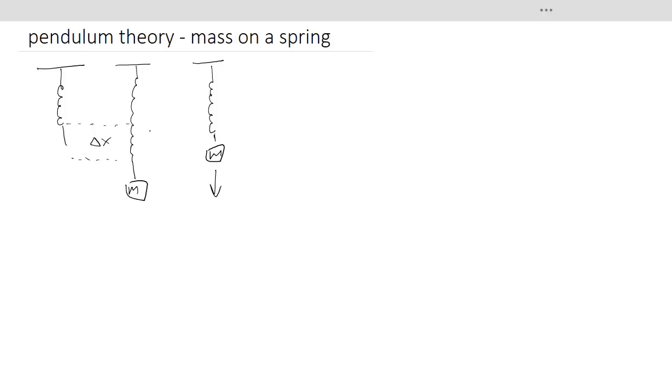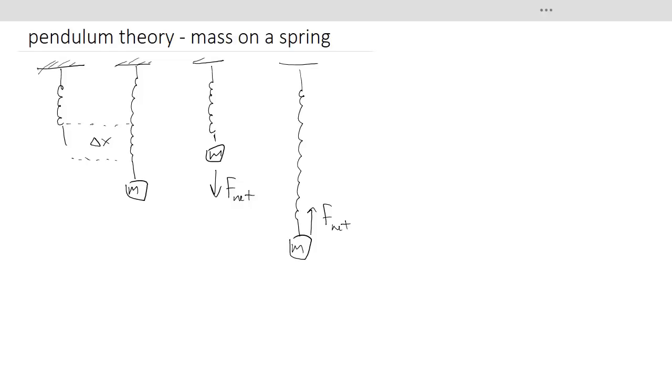So there's some F net acting downwards. If I consider stretching the spring, pulling the mass down from its equilibrium position, then the net force is actually going to be pulling upwards on the mass.